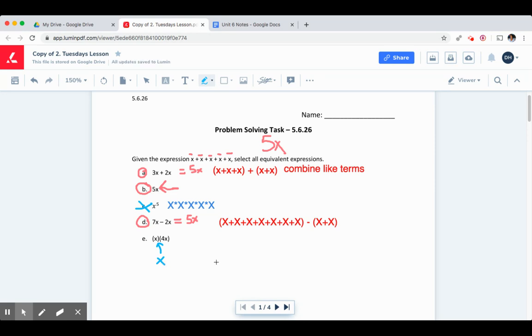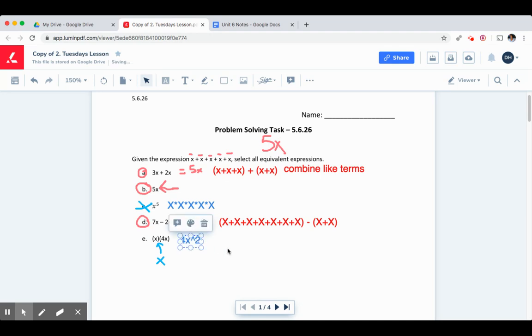X times 4x does not equal 5x. That is not the way you would multiply. Instead, this would equal 4x squared, because you have 4x being multiplied by x. So you would have 4x squared, and that is very different than 5x.